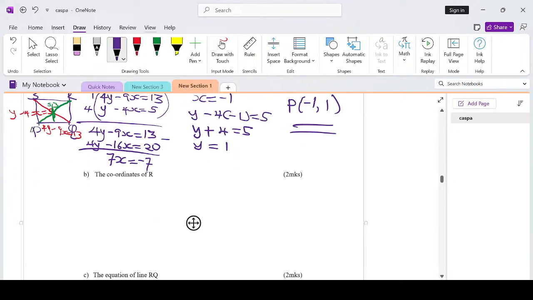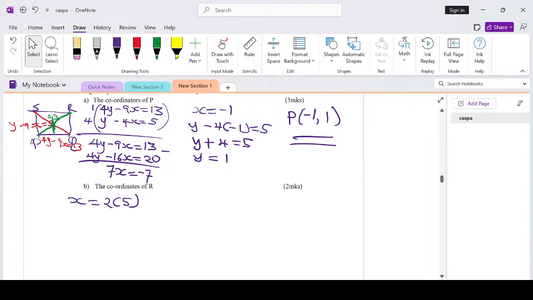For the x coordinate, I multiply 5 by 2, then minus negative 1, that is from P. I'm trying to get the length from P. So this gives me 11.